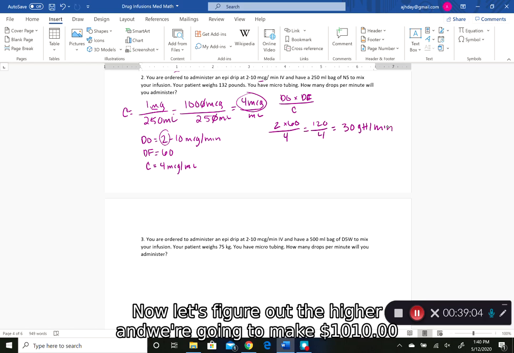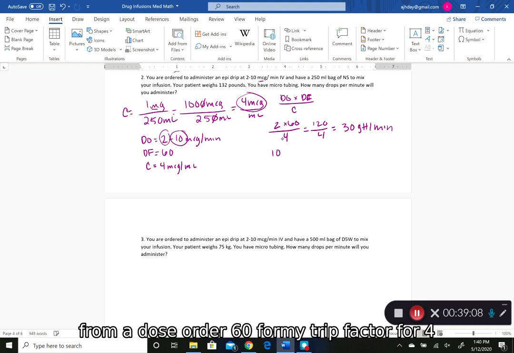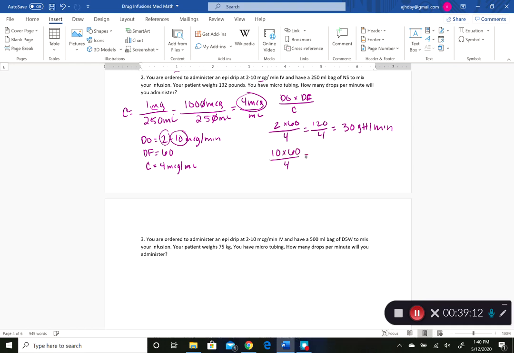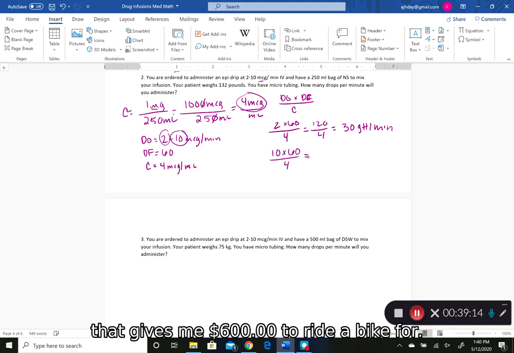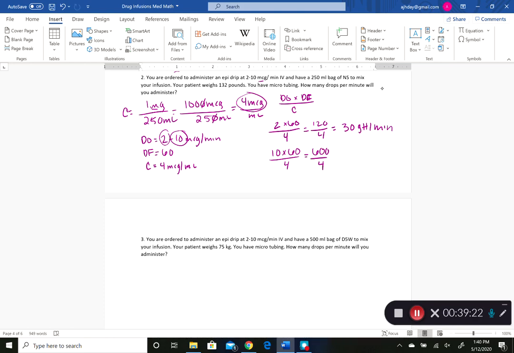Now let's figure out the higher end. We're going to do my 10. 10 for my dose ordered, 60 for my drip factor, over 4. That gives me 600 divided by 4. So I may need to figure this one out. We'll go up here, we have some room.